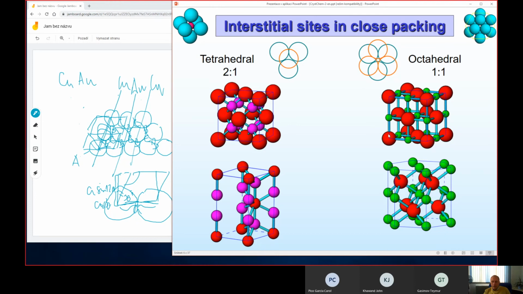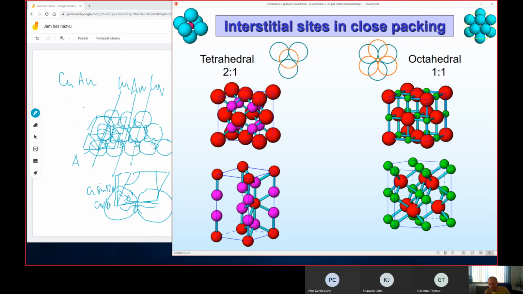So 12 over 4 is 3, and this atom is in the center. It contributes completely to this unit cell. So there are 4 atoms in octahedral positions and 4 atoms in close packing.